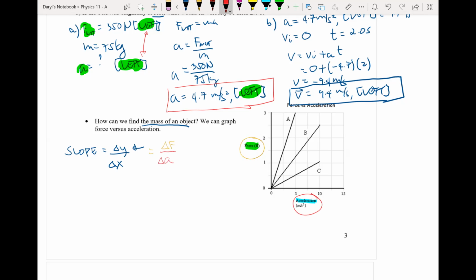If we go back to Newton's second law, F over A, by comparison, Newton's second law tells us that F net is MA, and if you divide F net by A, that gives you the mass. Therefore, the slope of a force against acceleration graph gives you the mass.